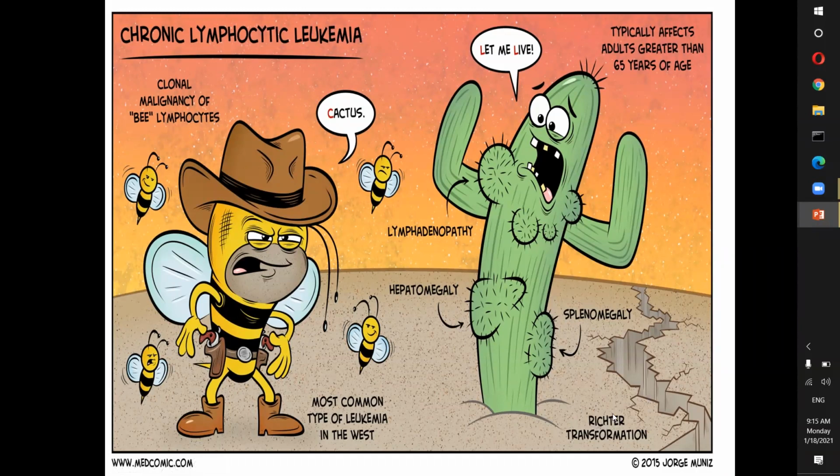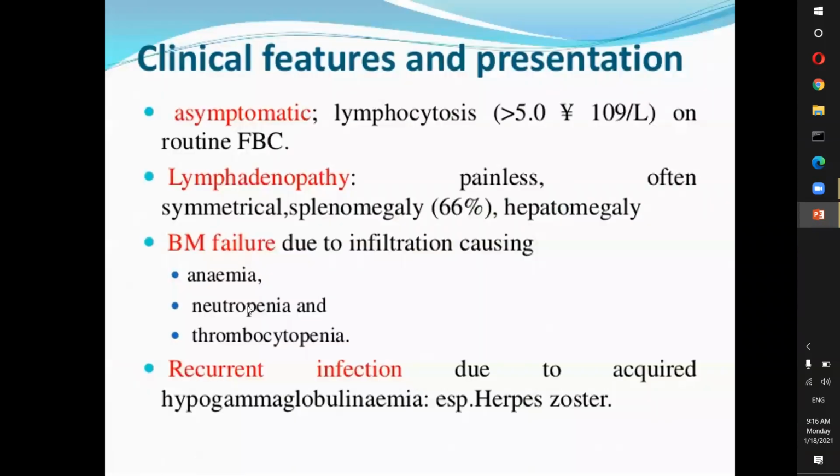Presentation is usually asymptomatic, with lymphocytes more than 5 in routine tests, because of accumulation of mature lymphocytes inside the marrow. The result will be thrombocytopenia and risk of infection due to acquired hypogammaglobulinemia. So the risk of herpes zoster in those patients is very high.